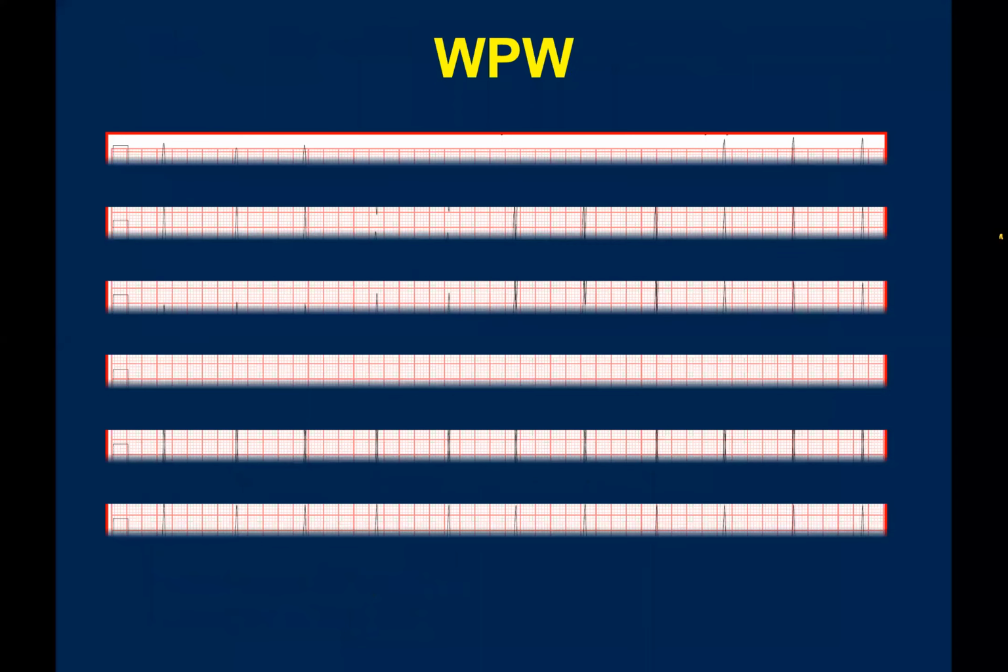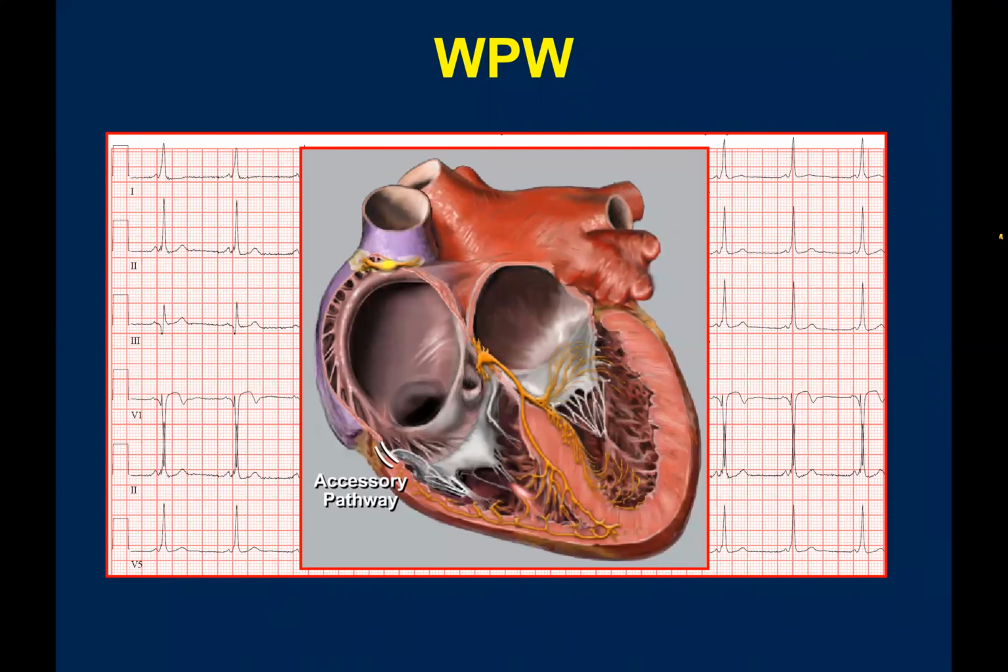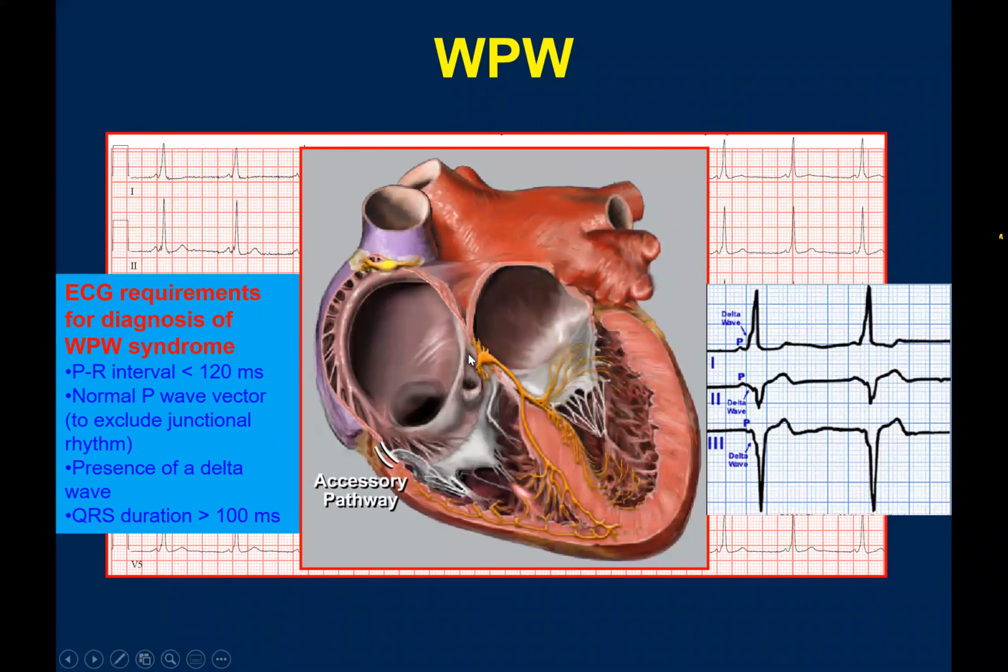So for Wolff-Parkinson-White syndrome, I will just explain it again. Normally, if the sinus node starts firing, it activates the atria, and we have a P wave. Then that impulse goes down only through the AV node, so there is some delay, and we have the PR interval, which is 120 to 200 milliseconds. If they have an accessory pathway, when the impulse reaches the lower atrium, it conducts directly through the pathway to the ventricle. So the lower atrium and ventricle are activated simultaneously, so the PR would be very short.